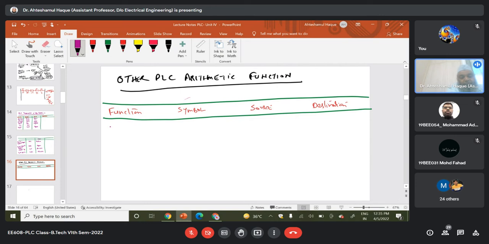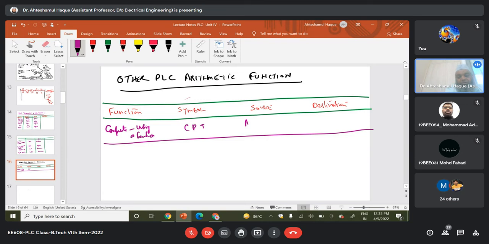So if I have to compute using a formula, हमें कोई फार्मूला लगा के कंप्यूट करना है, तो उस केस में क्या सिंबल हम देंगे? सीपीटी. सोर्स क्या होगा? ए फार्मूला, और डेस्टिनेशन क्या होगा? द आंसर.